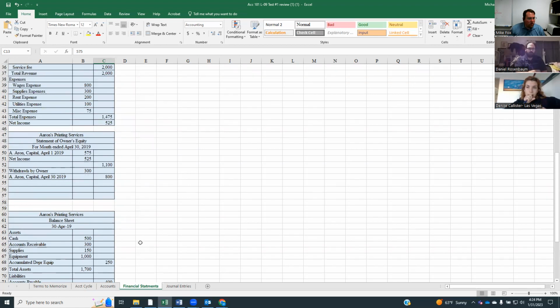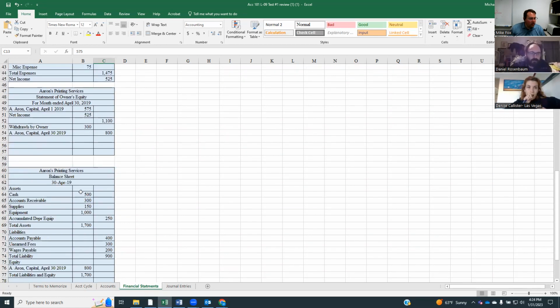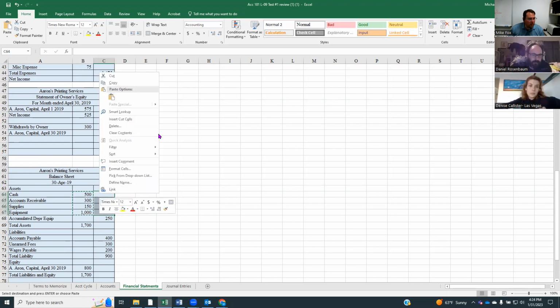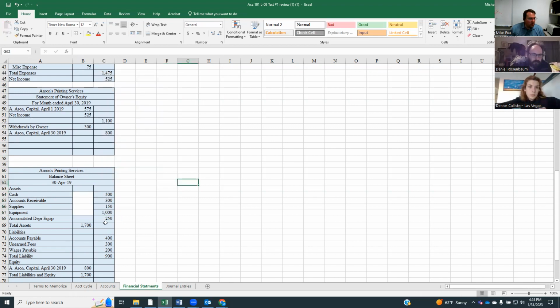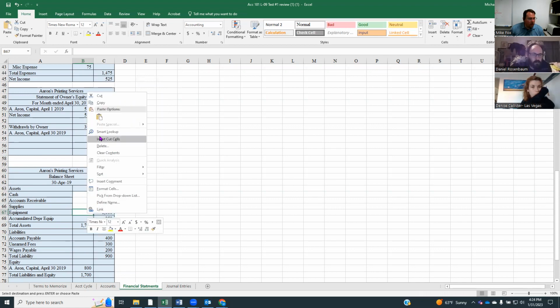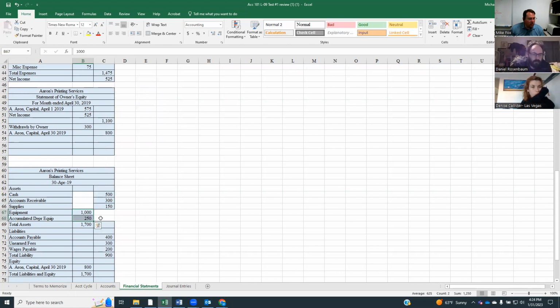So I would probably set this up like this, and then I would put the accumulated depreciation, actually I would do it like this. And then this equals the sum of these. I think that's clearer.